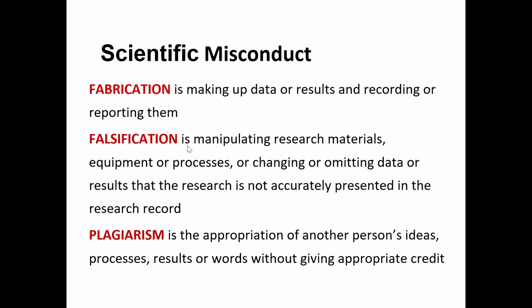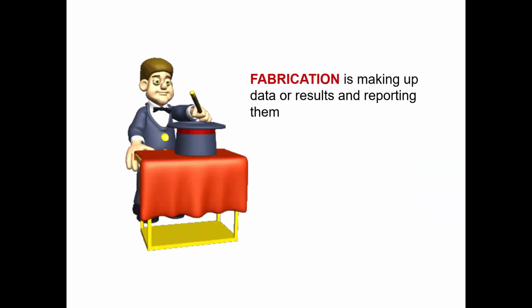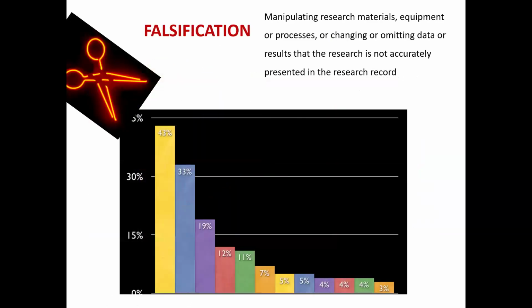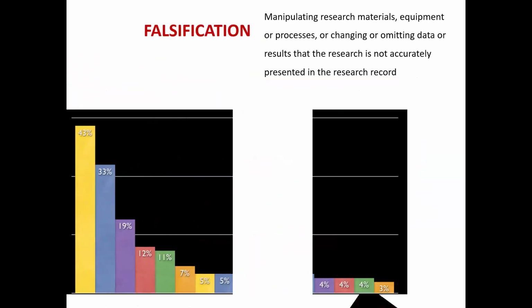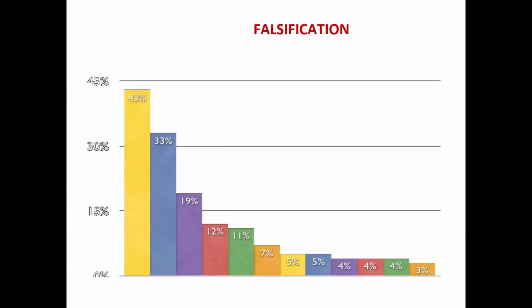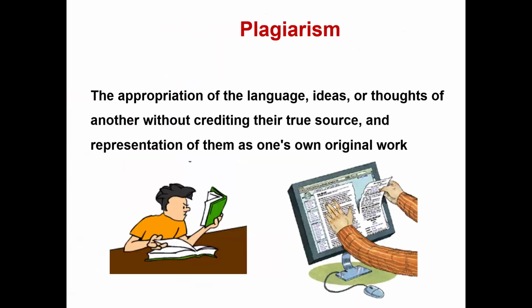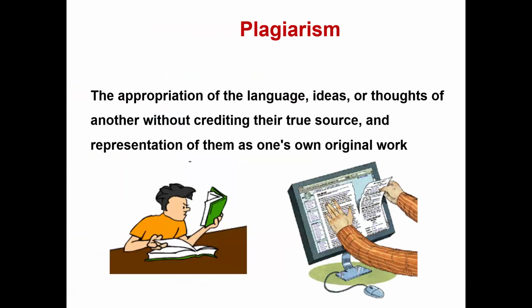Also, whenever we write our research, we have to avoid fabrication, which is making up the data. So we are making the data to make it more statistically legible, which is not ethical. Also, falsification of the data, which is removing some of the data in order to make it more statistically significant, which is not legible.